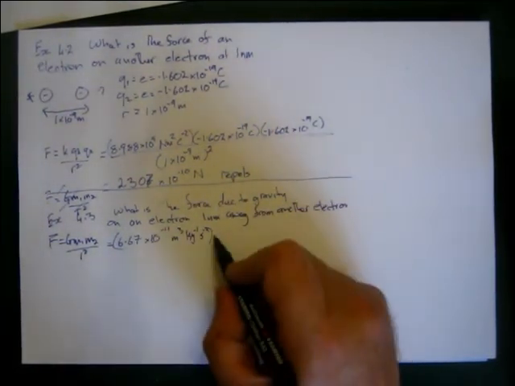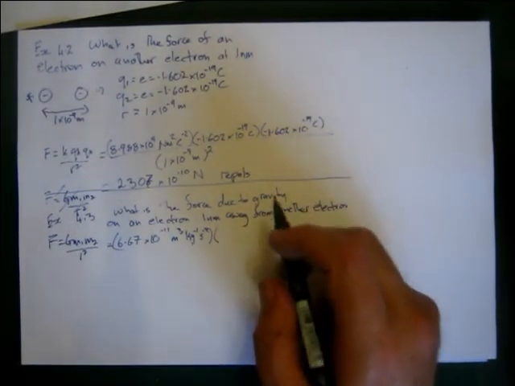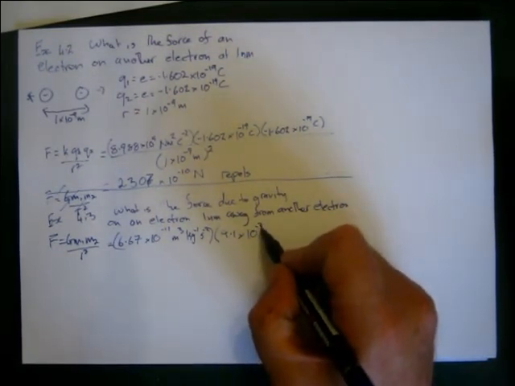That's the gravitational constant. Times, well, what's the mass of an electron? The mass of an electron is 9.1 times 10 to the negative 31 kg.